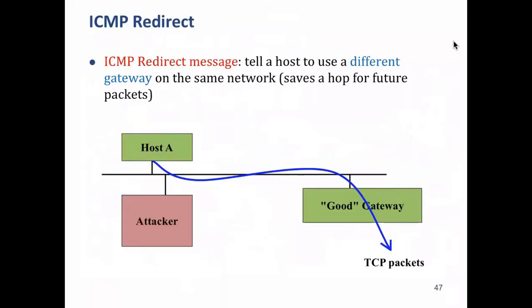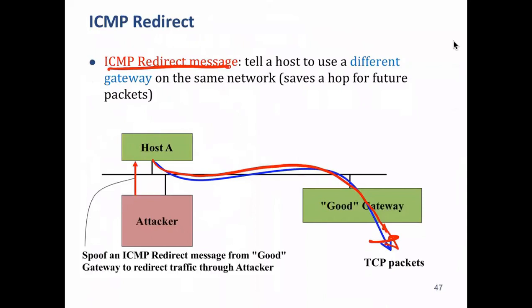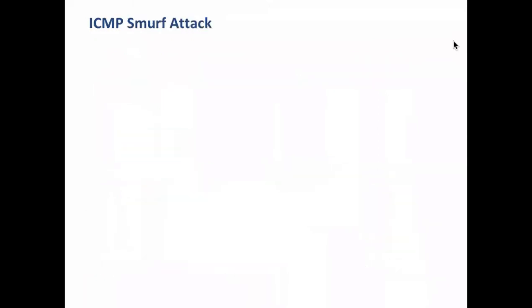So this is the normal packet path, and you send an ICMP redirect message. You can pass it through the attacker. So this is possible.